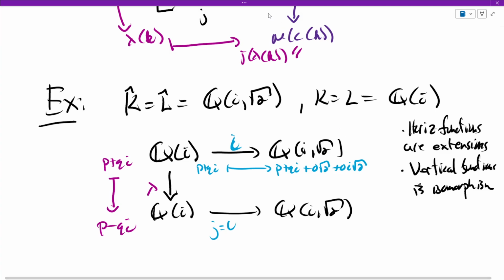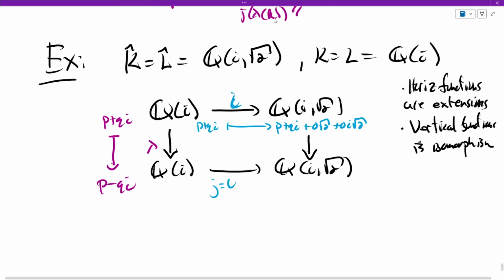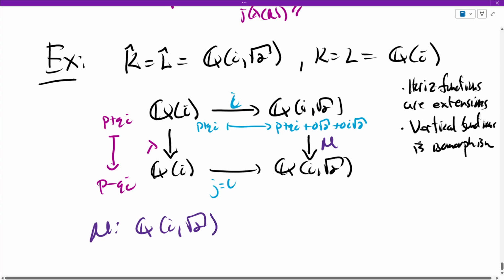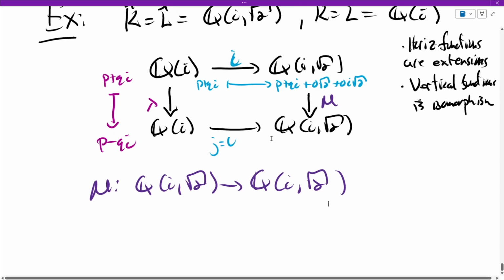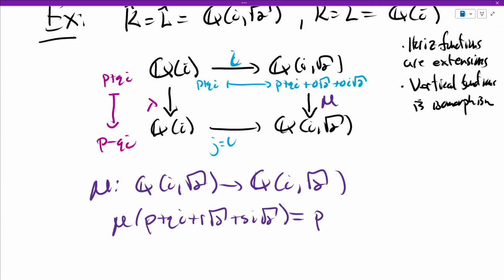What must the function going downwards here be so that it matches with conjugation? So let me call this, maybe put a dark purple mu. I'm running out of space here. What must mu be as a function from Q adjoin i root 2 to Q adjoin i root 2 so that it agrees with the previous one? Well, I can tell you what it can't be. You can't send p plus qi plus r root 2 plus si root 2 to itself.